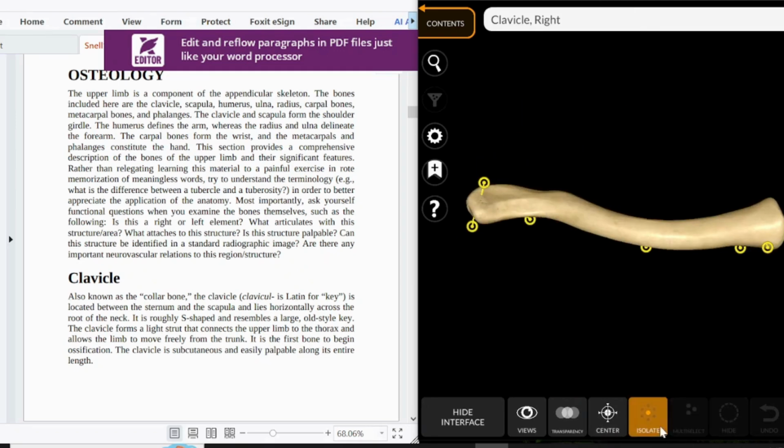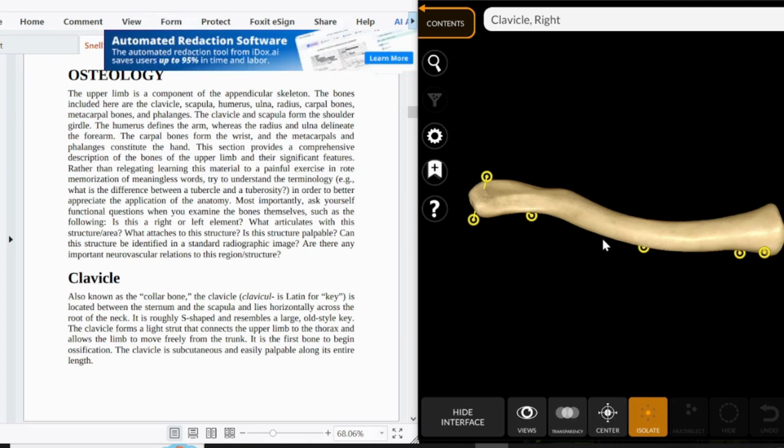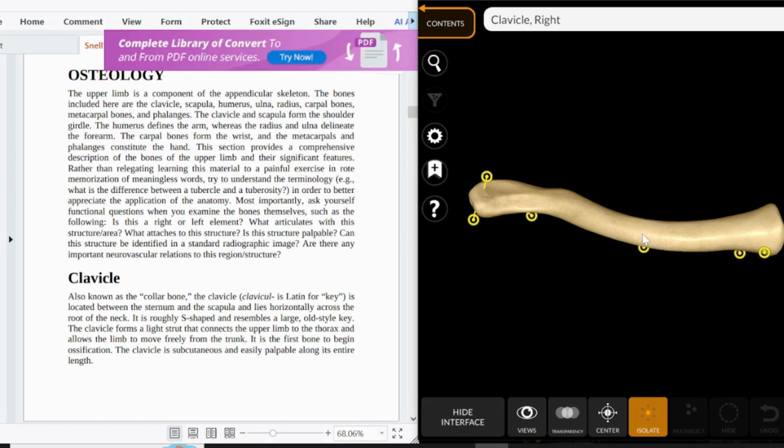If you observe the right side, this is your medial end and this is your lateral end. So the medial end is convex forward while the lateral end is concave forward.